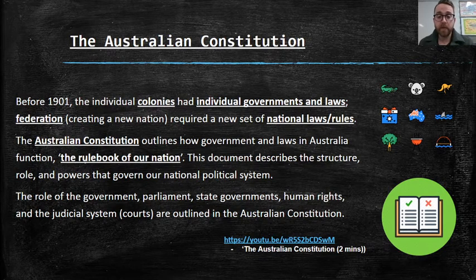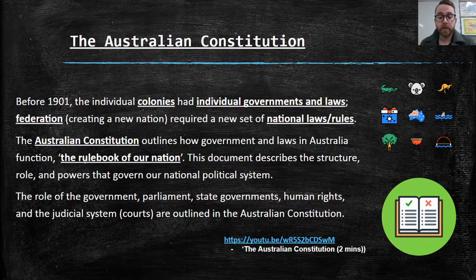So this document describes the structure, the role, and the powers that govern our national political system. It's all in the Constitution. The role of the government, so what they can do, Parliament, state governments, because state governments will handle different matters to national governments.